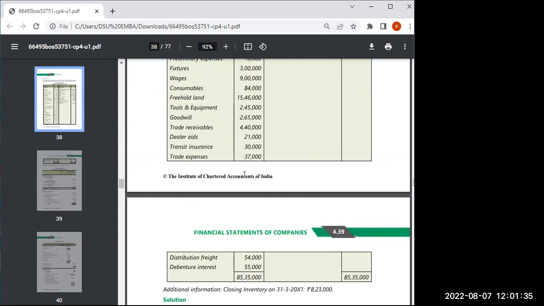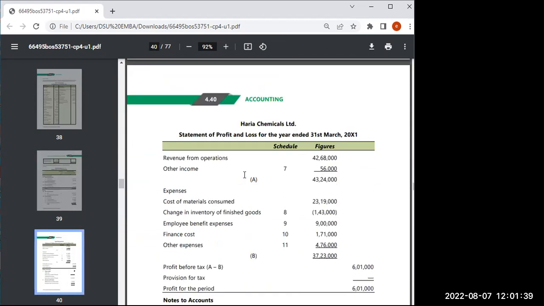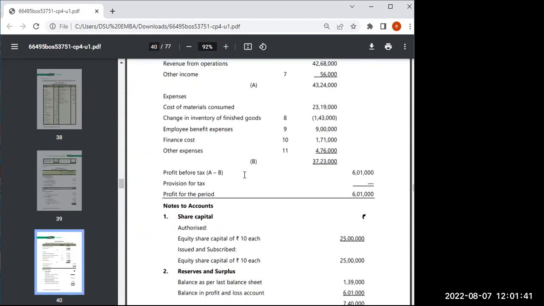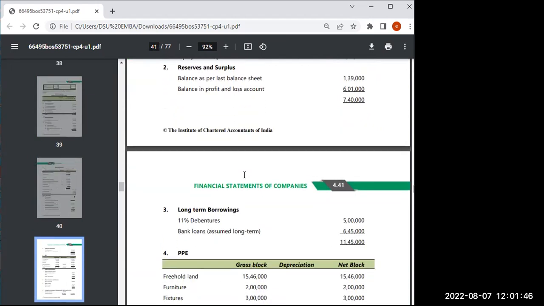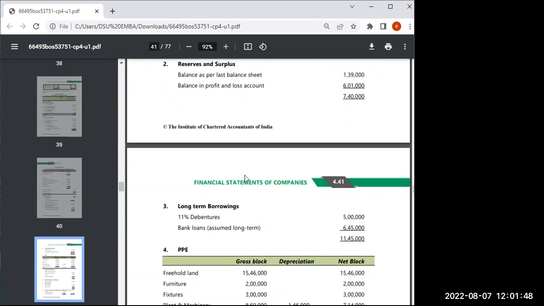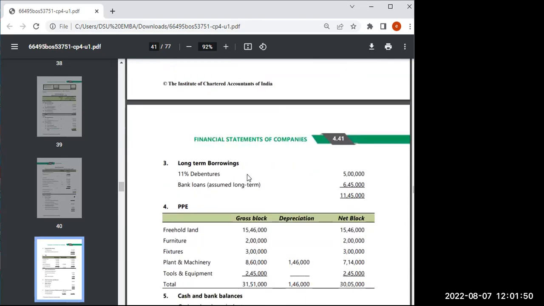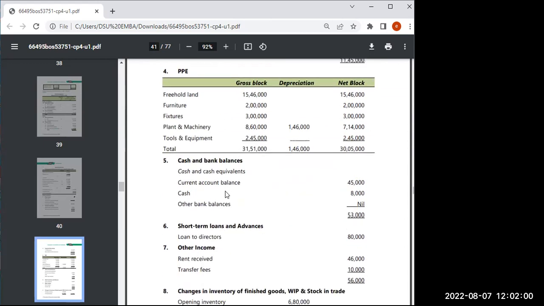If it is an expense, you would add it there. It is left to the accountant to name some head of account. He has named it dealer's aid. What kind of dealer and what kind of aid it is, we don't know. So if we consider that as an expense, we have to write it in other expenses. Suppose if you take it as an asset, you have to write it on the asset side. Now we'll see how he has considered it, but normally it's an expense.